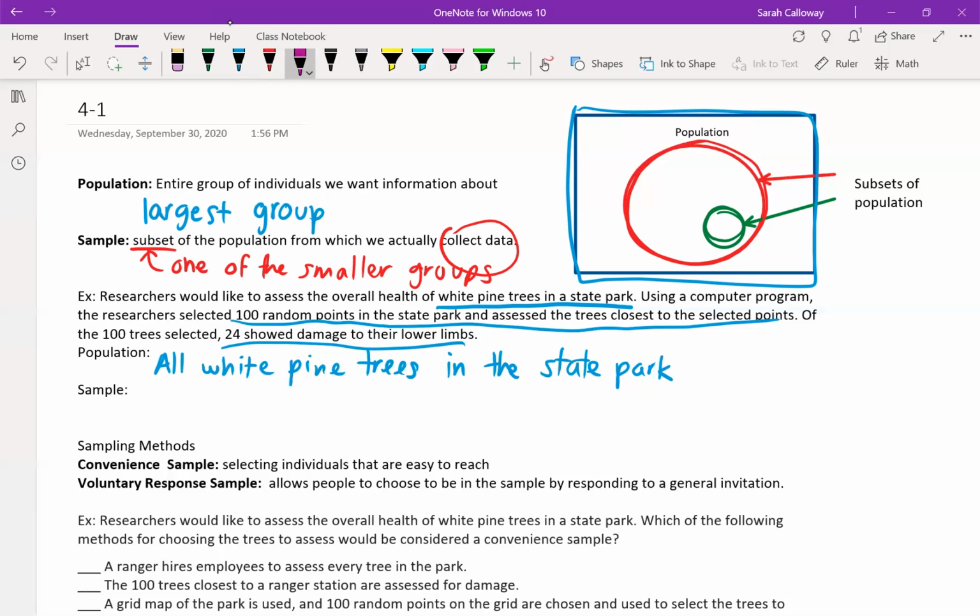The sample is everyone that was assessed. So all the trees that were assessed were the 100 trees that were closest to the points.